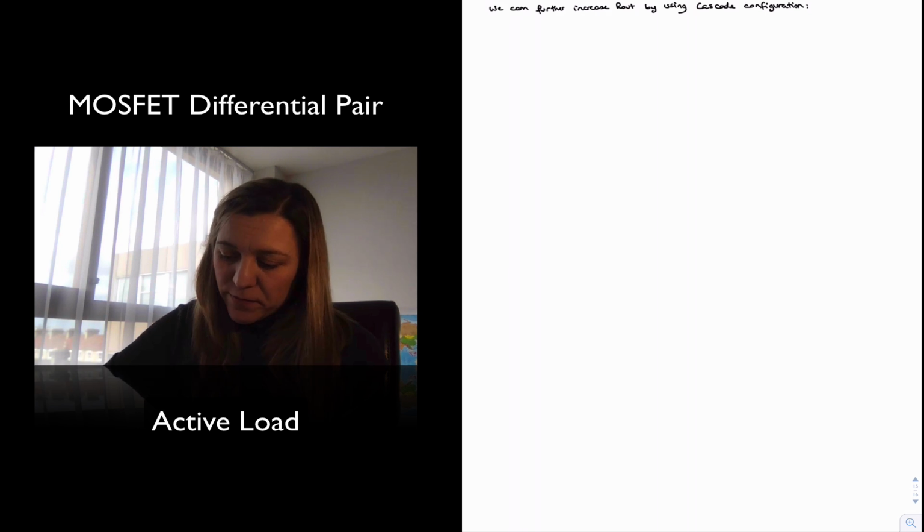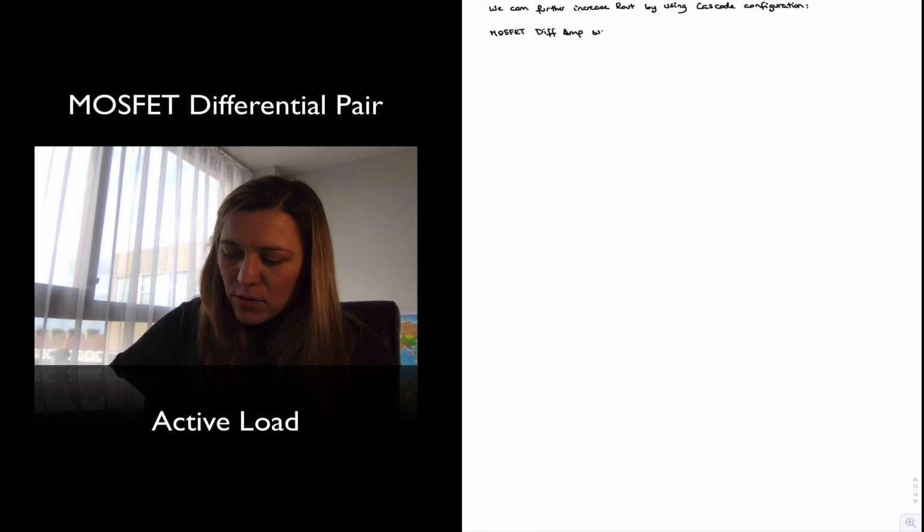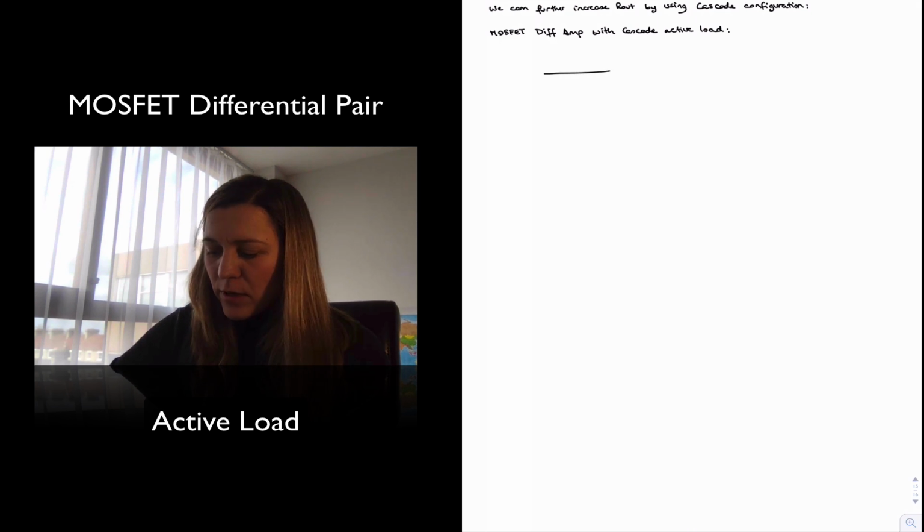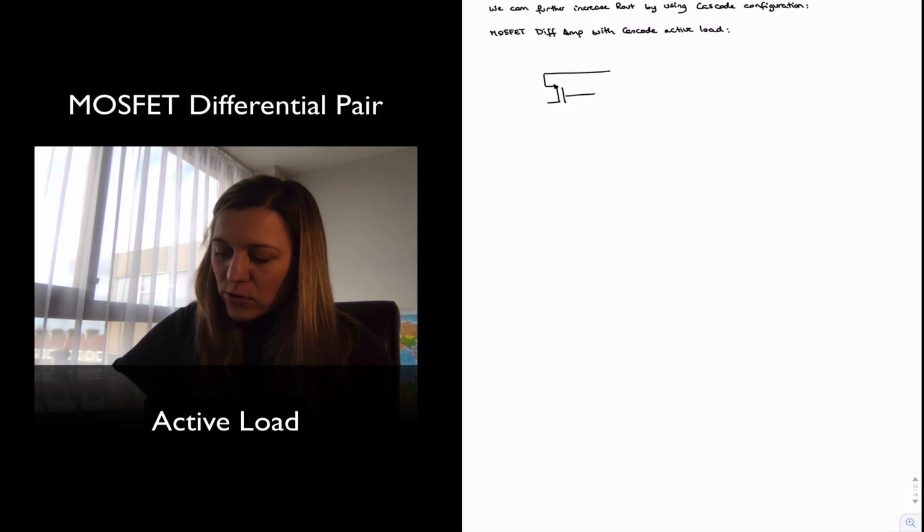And so we can have a MOSFET diff amp with a Cascode active load. And what we're basically doing there is we're taking our diff amp as is, but then in the active load, excuse me, we're just going to connect it in Cascode configuration.